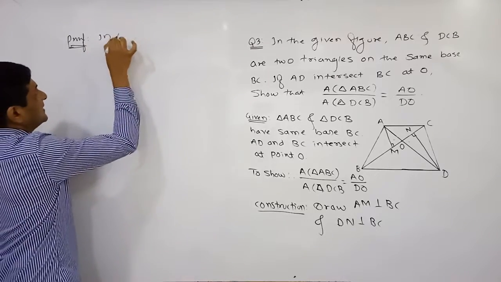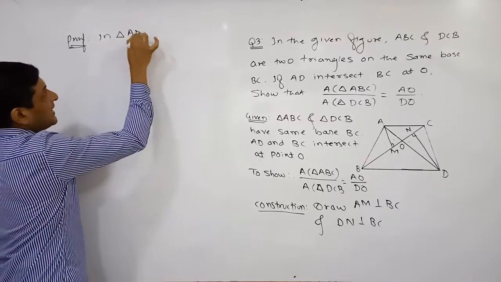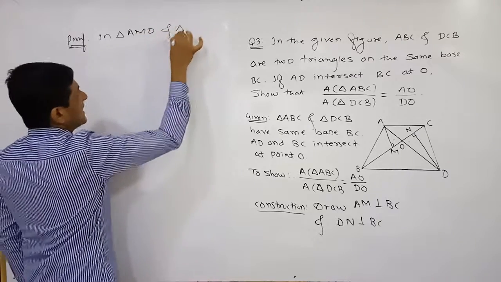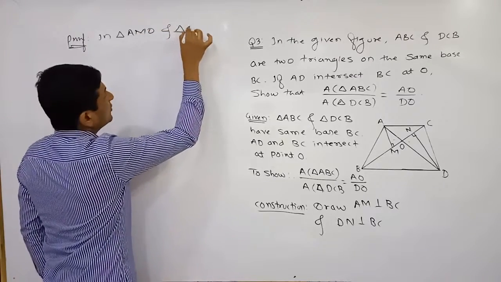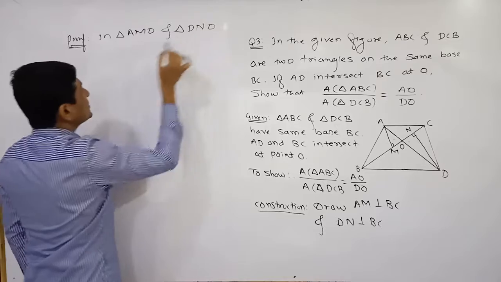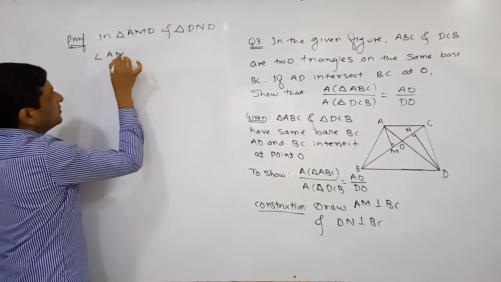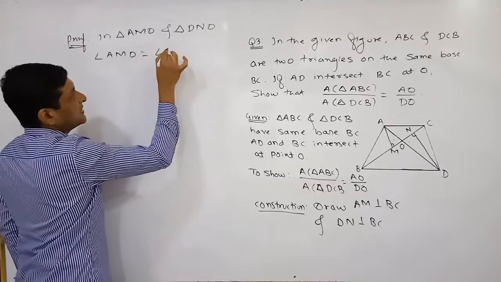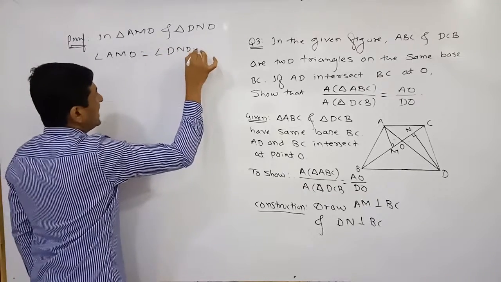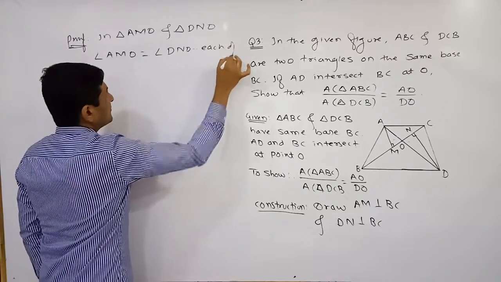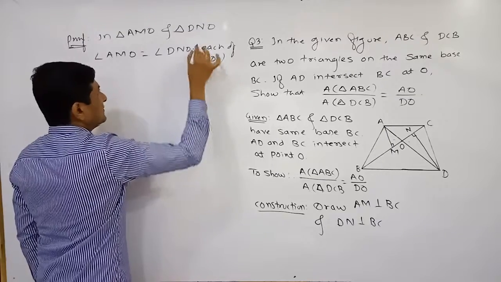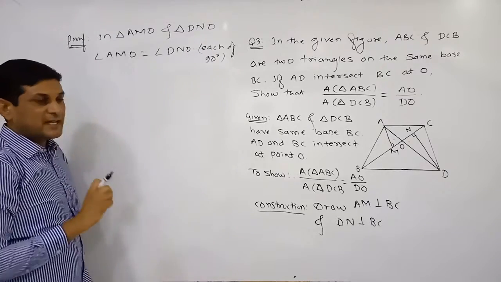So in triangle AMO and triangle DNO, we can say that angle AMO is equal to angle DNO. Why? Each is 90 degrees. So we have shown that one pair of angles is equal.